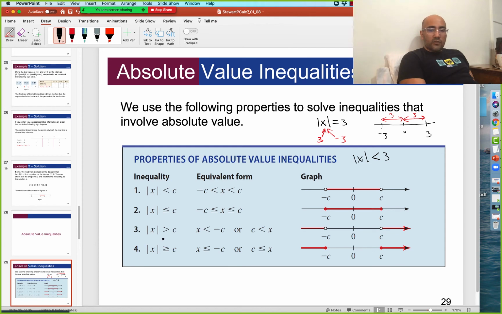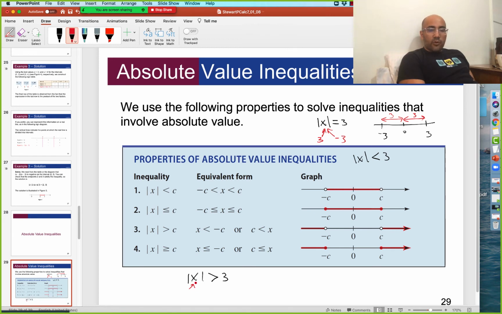This one gets a little trickier. Absolute value of x is greater than c. So again, going back to this, if I had the absolute value of x is greater than 3, what kinds of values can I replace the x by to get a true statement? The right-hand side of this answer is usually easy to think about.